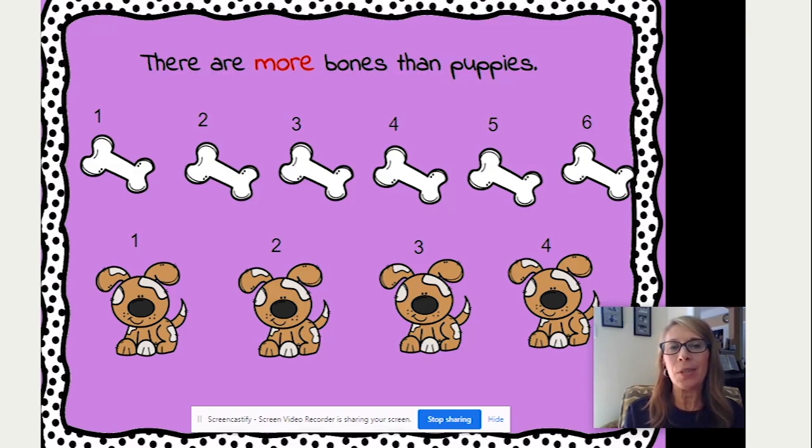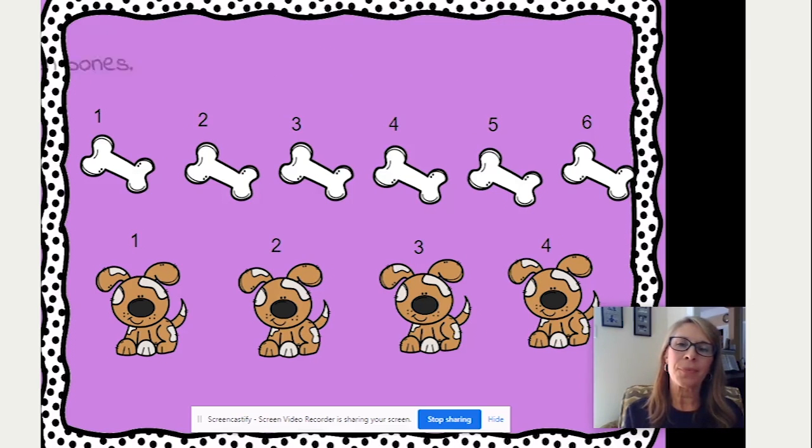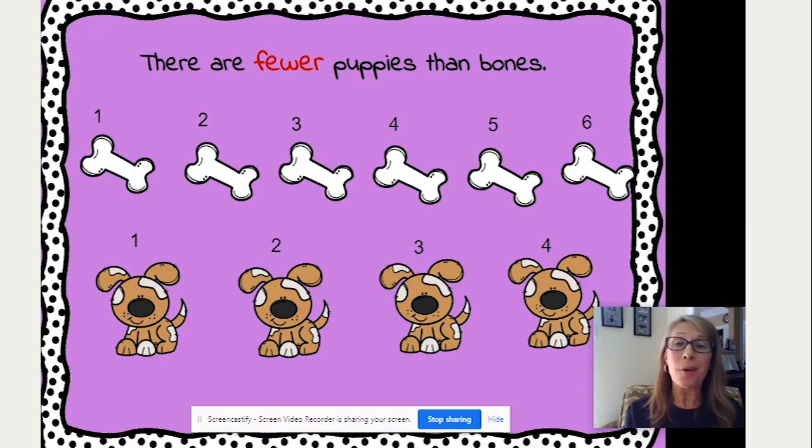Can you use the 2 sets of bones and puppies and use the word fewer in a sentence? That's right. There are fewer puppies than bones. Great job. 4 is a smaller number than 6, so we would describe that set as being fewer.